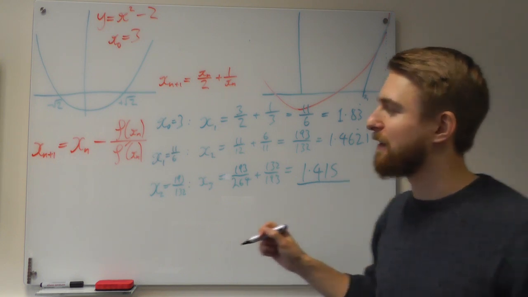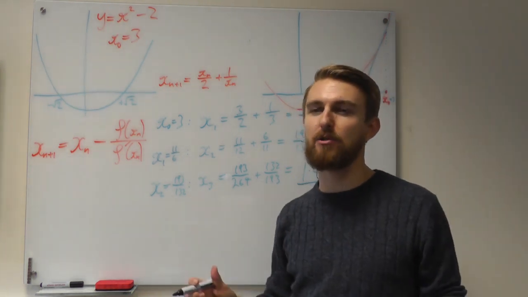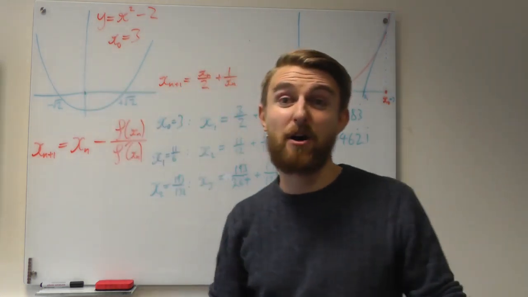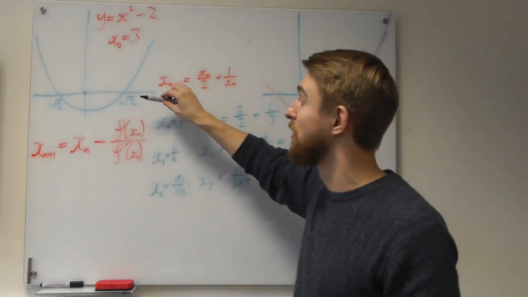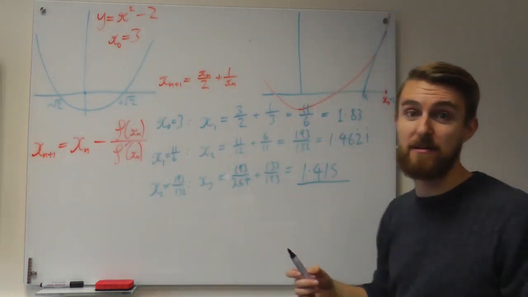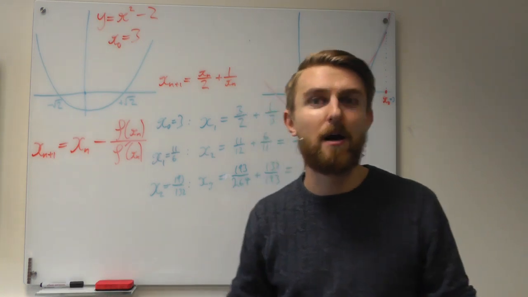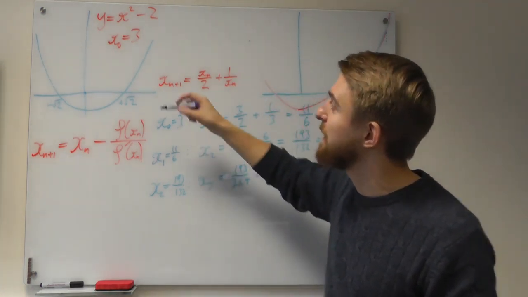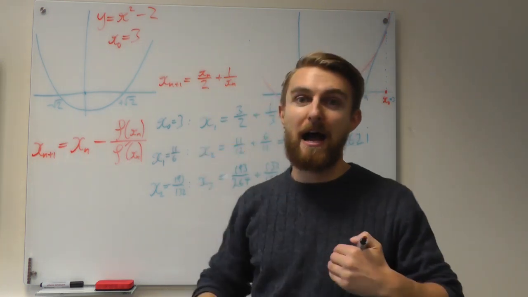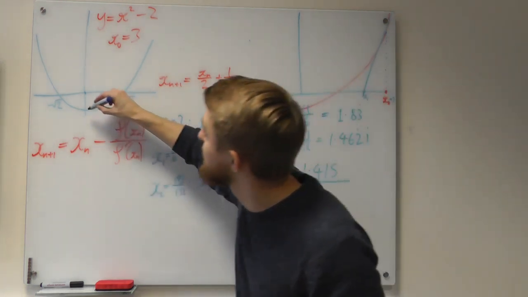And another thing to think about is, what if our initial guess had been 0? So 0 is actually closer to the roots than our initial guess of 3 really is. So 0 should work faster. But if you try and do it, what you'll find is that for this function, the gradient of our function at 0 is itself 0.